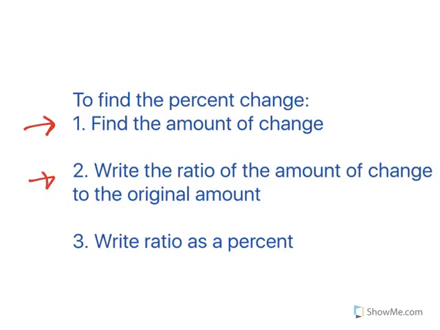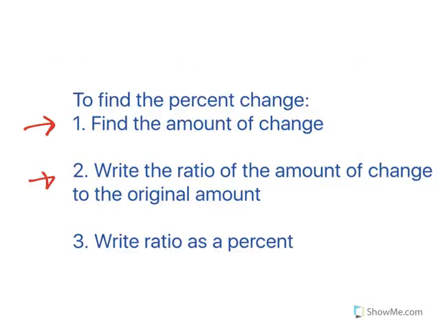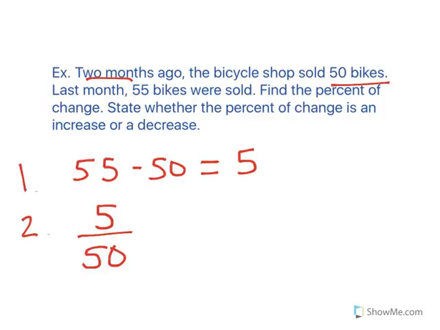Number 2 says, write the ratio of the amount of change to the original amount. So we know that it changed by 5 bicycles. And the original amount was 50 bicycles because they sold the 50 bicycles 2 months ago. So we wrote the ratio of the amount of change to the original amount, and now we have to write the ratio as a percent.